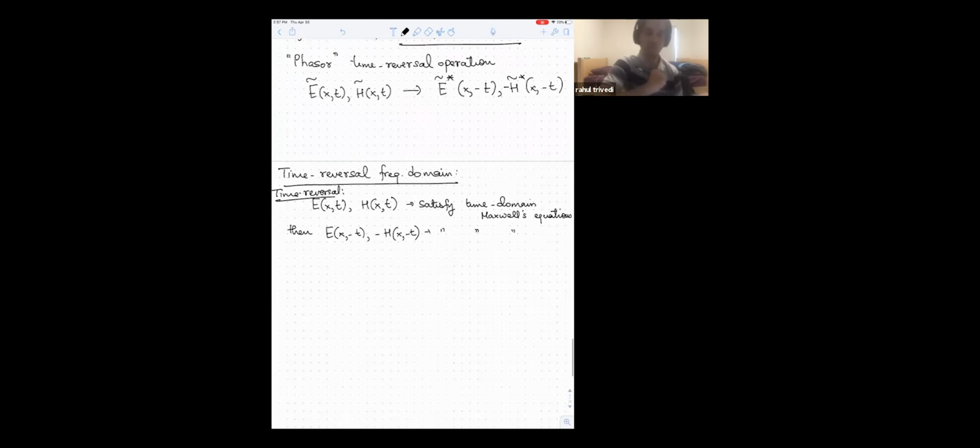Right? Which would mean that their Fourier transforms satisfy the frequency domain Maxwell's equations. So thus, if E of x comma omega and H of x comma omega satisfy frequency domain Maxwell's equations, then the Fourier transform of these time reverse solutions are also going to satisfy frequency domain Maxwell's equations, correct?